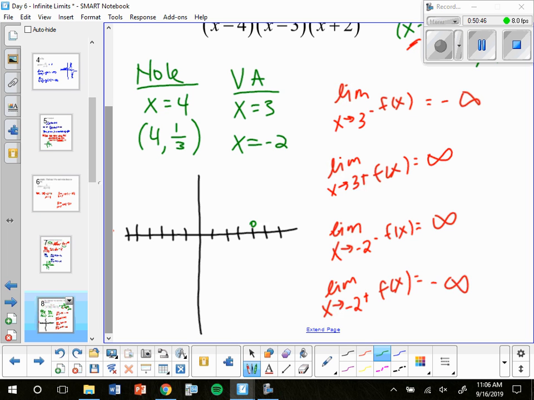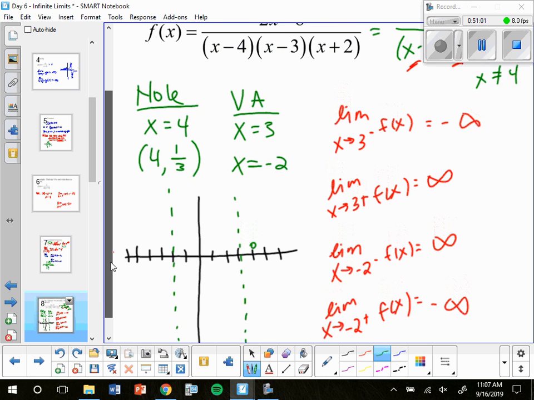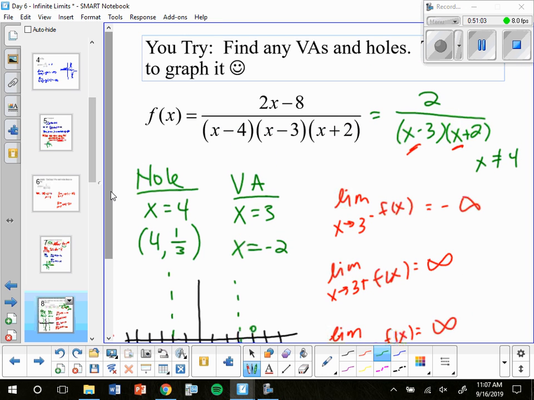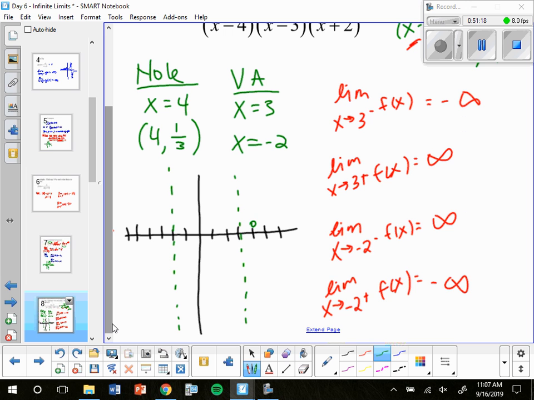I know I have asymptotes where? 3 and -2. Before I start sketching, I want to plot any other points. What are good points to plot? Y-intercept and x-intercept. What is my y-intercept? So I plug in 0 for x. I get 2 over -6. So negative 1/3. Is that right? So my y-intercept is 0, negative 1/3.